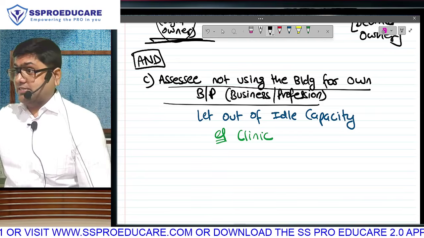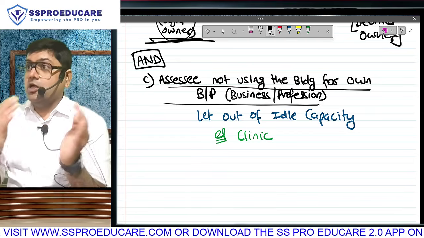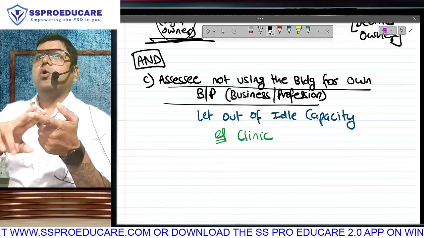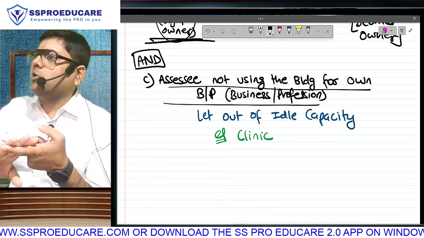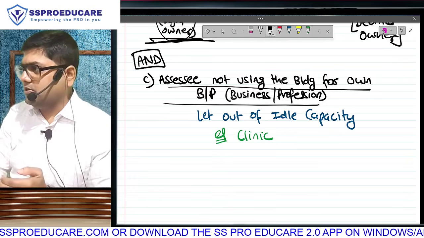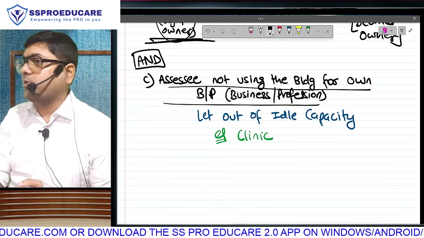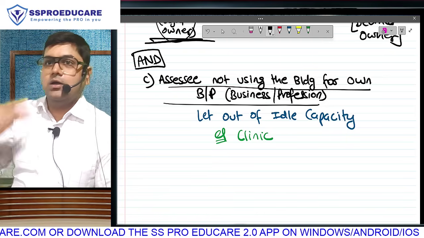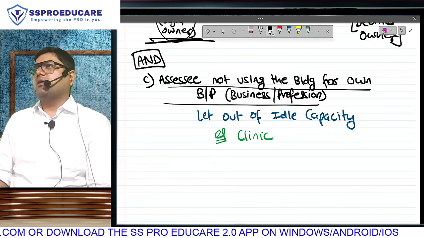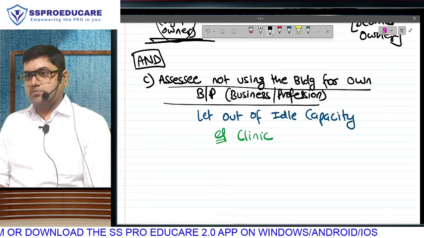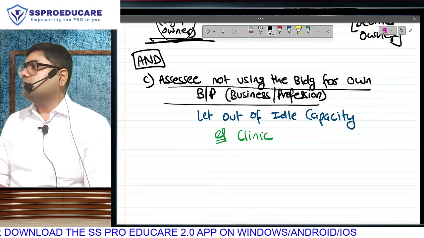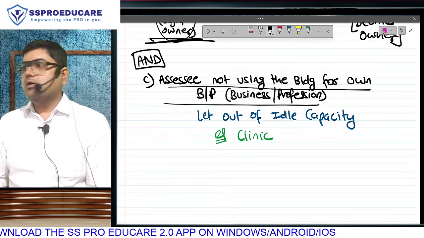Condition 3, I'll summarize it for you because when we revise, you will have to speak. Not doing business. Building, owner, not doing business. इतना ही बोलना है. So that it will serve as a revision of whatever we have studied. What are the 3 conditions to tax an income under income from house property? Building, owner, not doing business. If you fulfill the 3 conditions, then the rent that you earn from this property will be considered as income from house property. ये clear है?